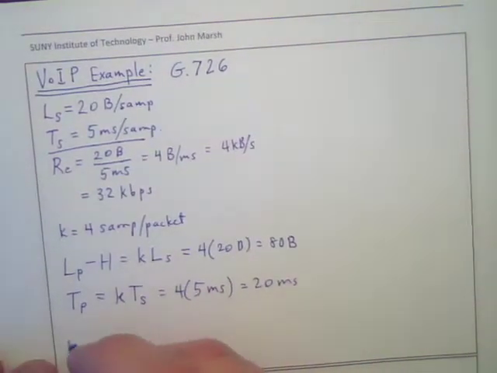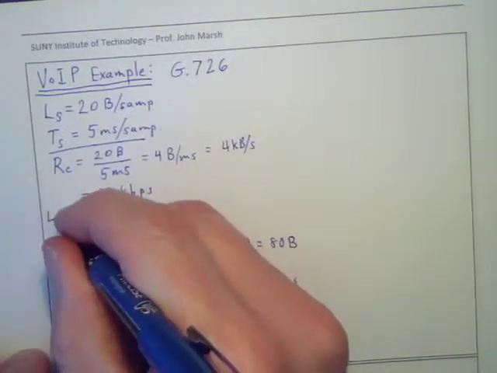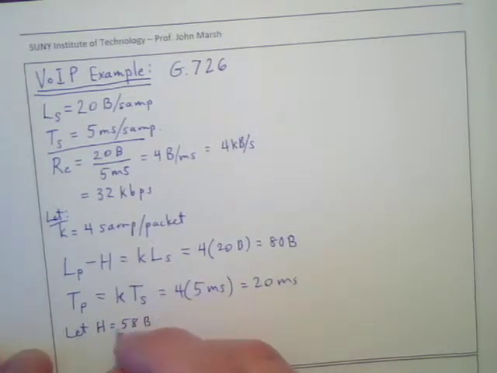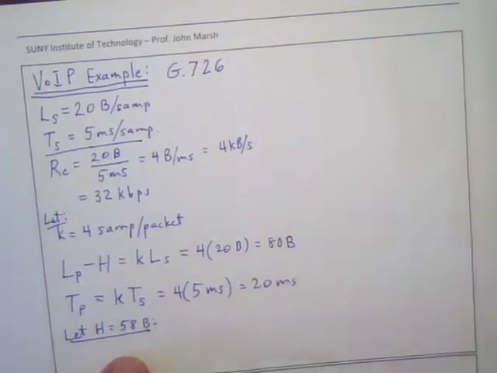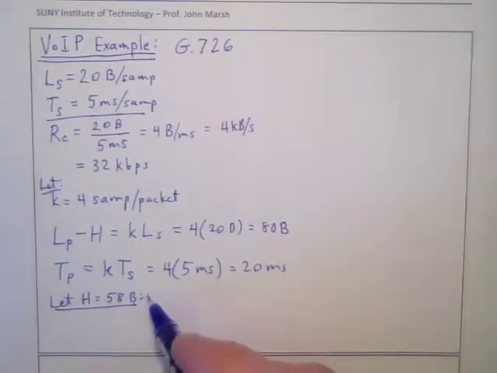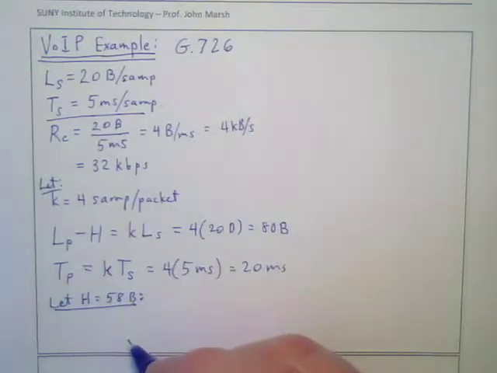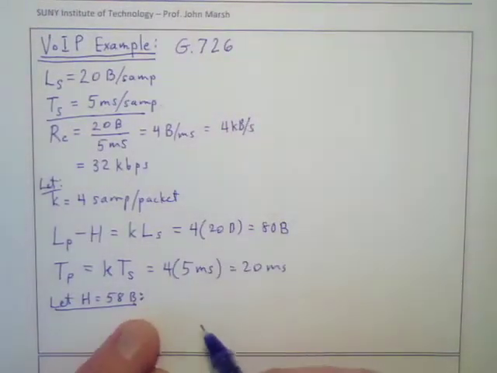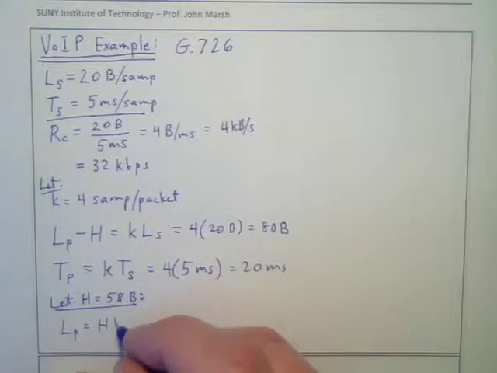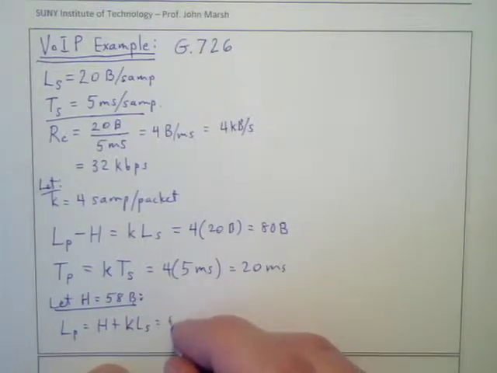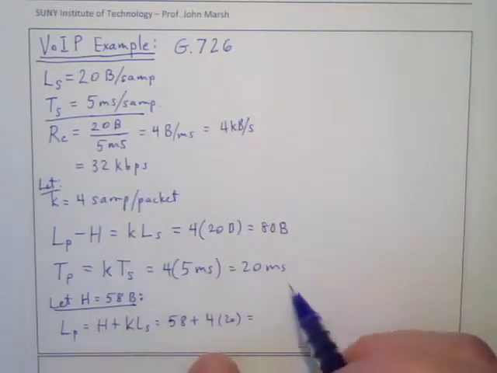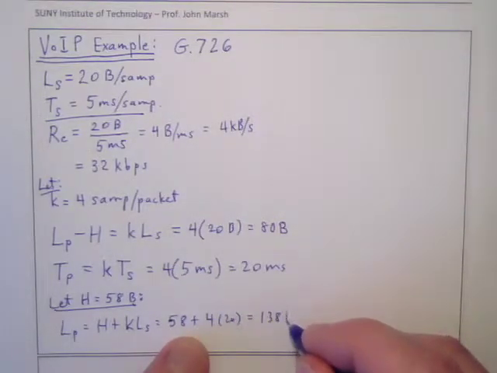Finally, if I'm given H, so let K equal 4, and let H equal 58 bytes, which is the case of RTP over UDP over IP over Ethernet, the length of a packet is H plus K times LS, which is 58 plus 4 times 20, which is 58 plus 80, so it's 138 bytes long.